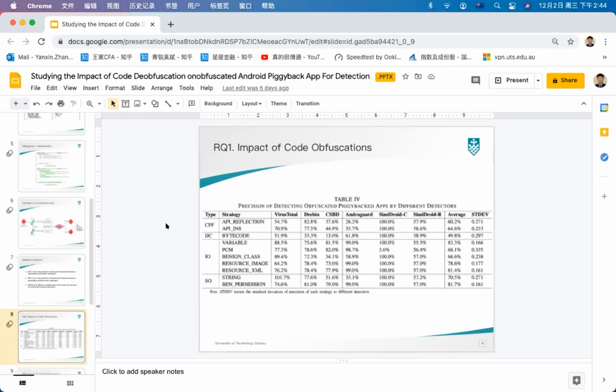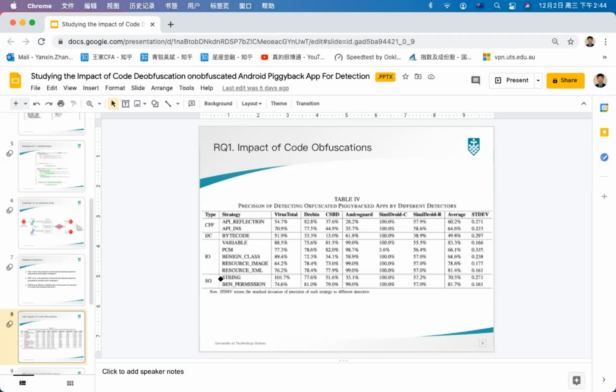Yes. Thank you. So we have some findings. Basically, obfuscation has a very strong impact in evading the detectors, except for one strategy.